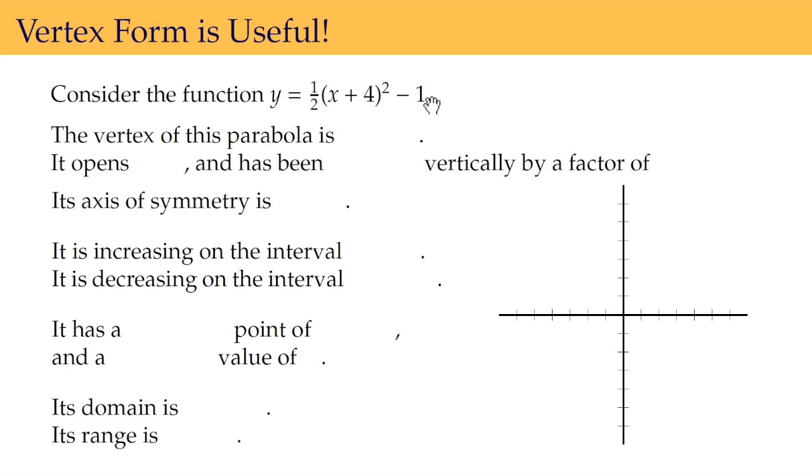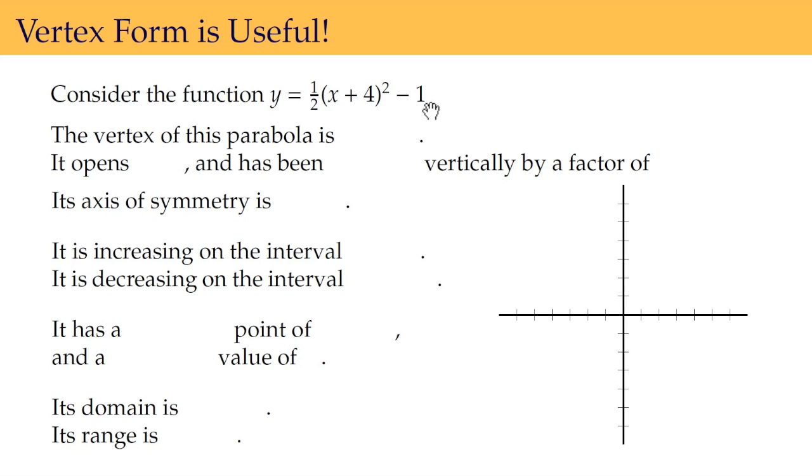I've got this function here, y equals 1/2 (x plus 4) squared minus 1. The vertex of this parabola, remember vertex form is (x minus h), so I always take the opposite of this value for h. My x-coordinate of my vertex is -4, and my k is -1.